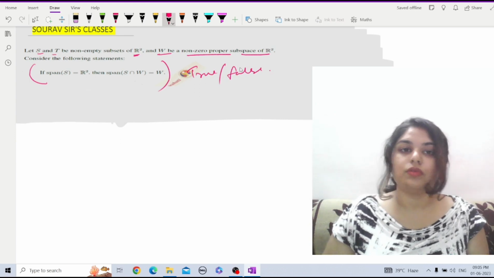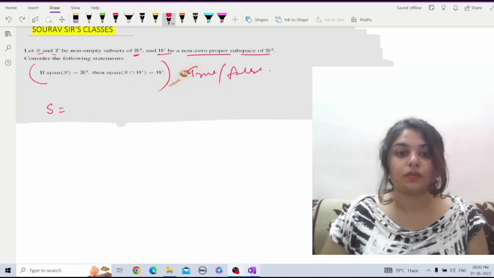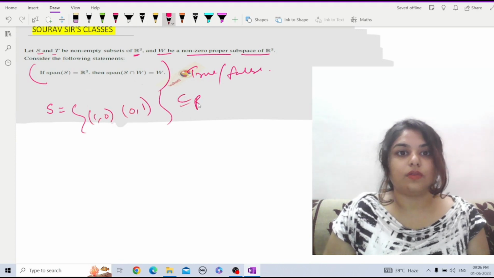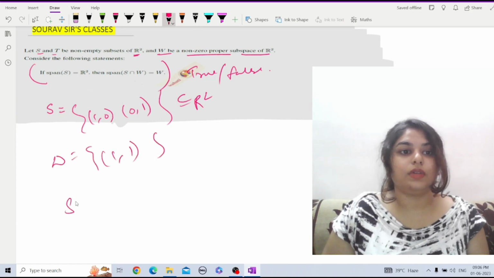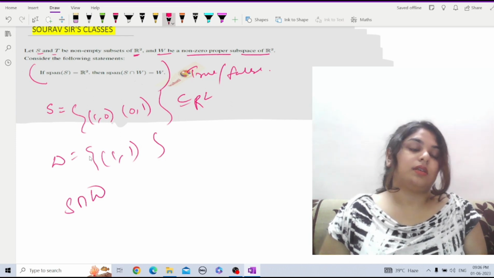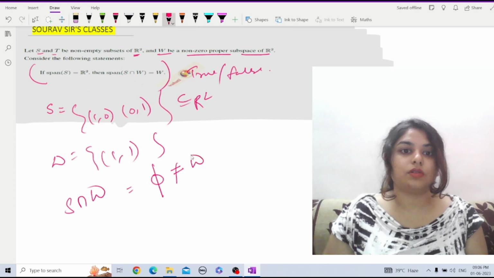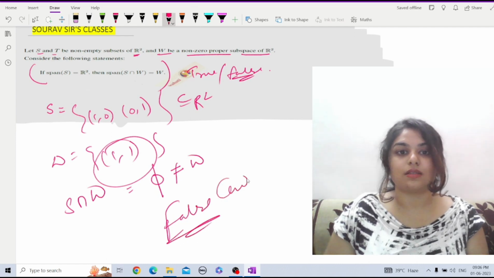Now S here will be (1,0) and (0,1), a subset of R^2, and W here is basically (1,1). If we take the intersection of these two sets, then of course this is phi, and phi is not equal to W, so that means the statement is false. That is the answer.